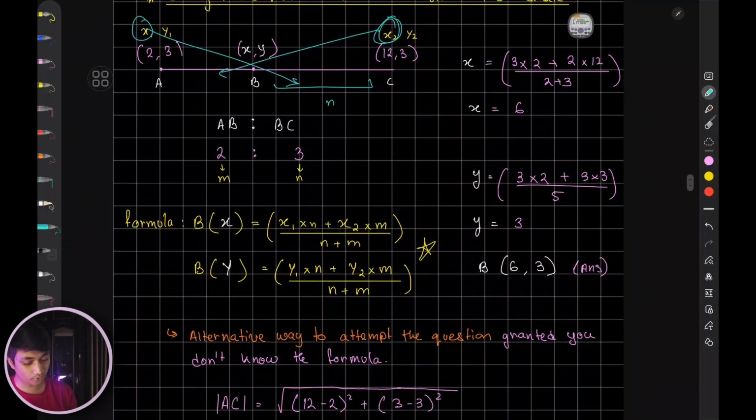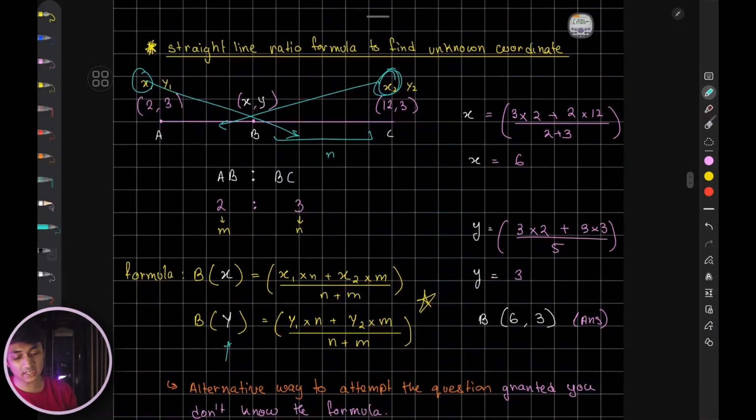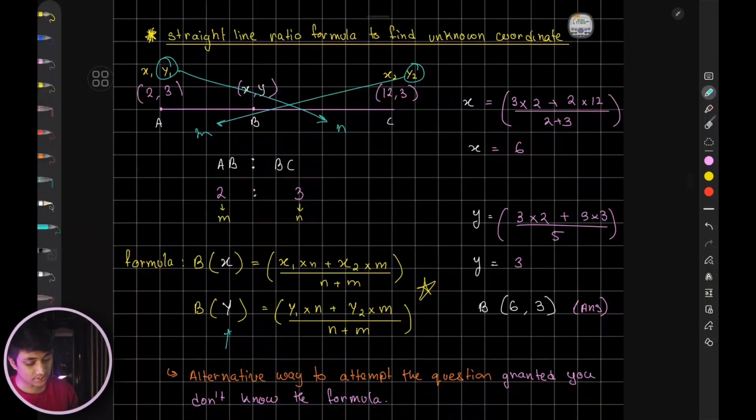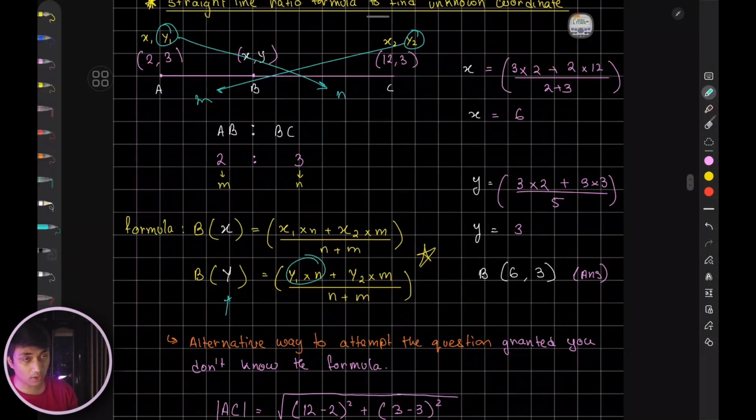Now the next one, for y, the same thing. The endpoints are now going to be your y coordinates, not your x coordinates. Very simple. So you're going to take this endpoint, multiply with this ratio, which is n, and you're going to take this endpoint, multiply with this part of the ratio, which is m. So y1 times n, and y2 times m, right?